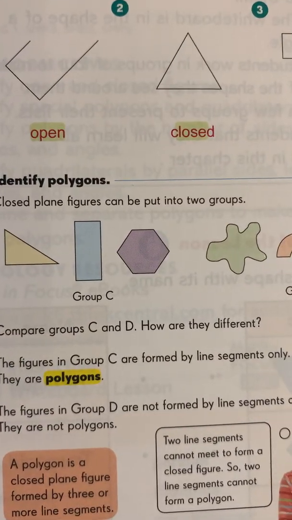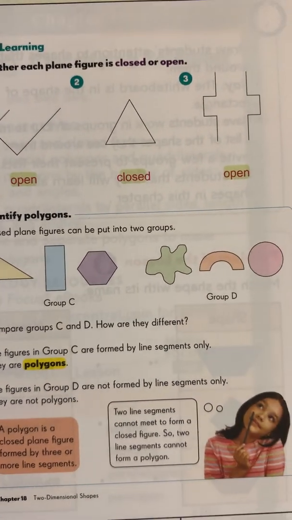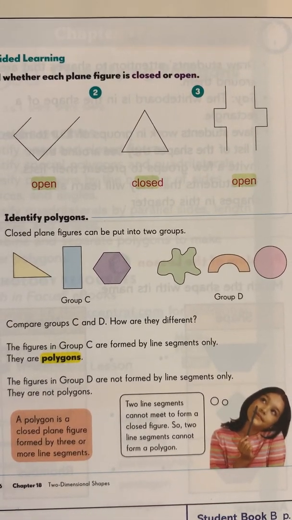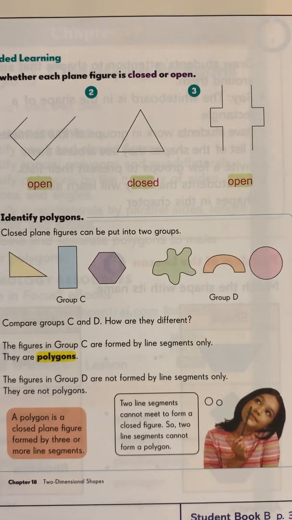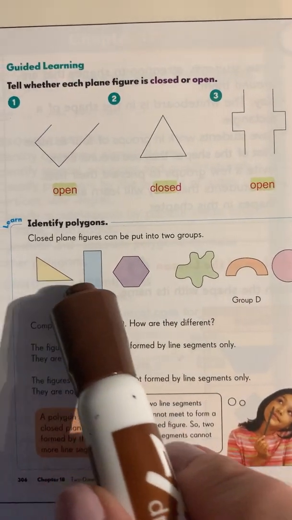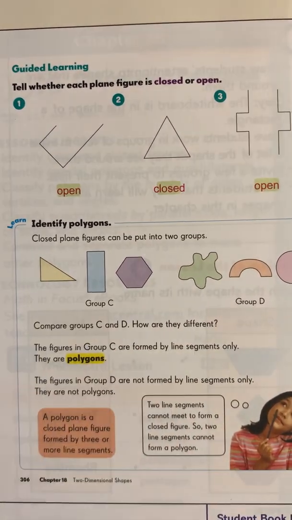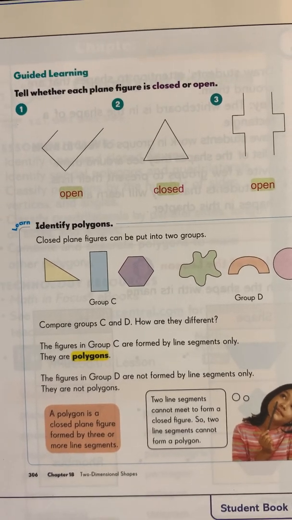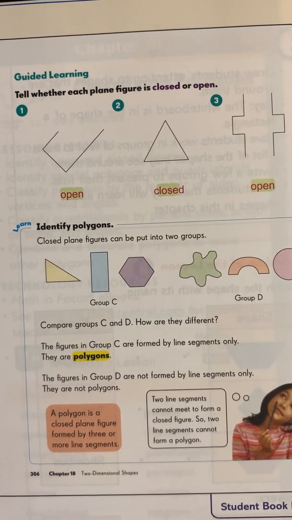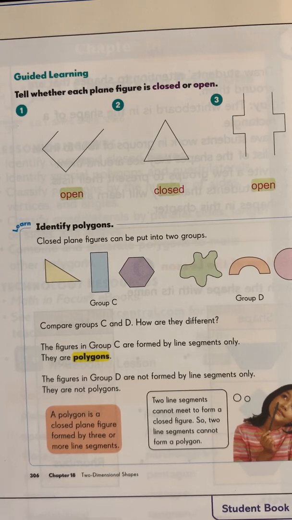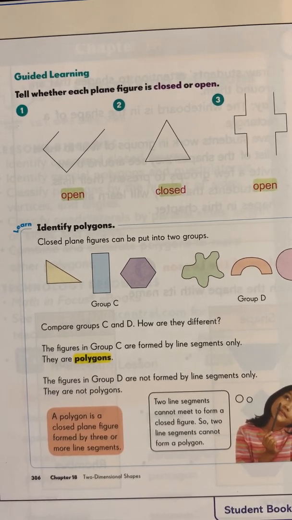Okay, well, compare groups C and D. How do you think they're different? Well, the figures in group C, which are these three here, are formed by line segments only. These are polygons.